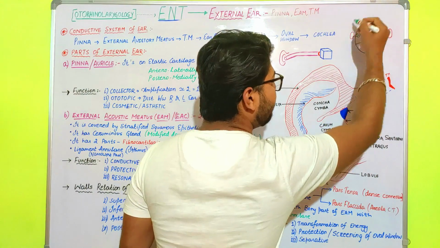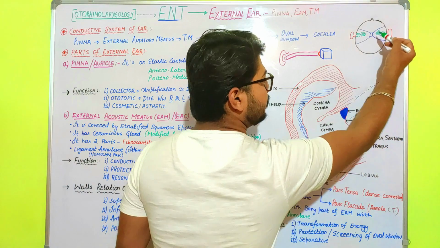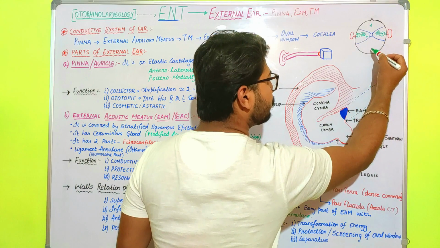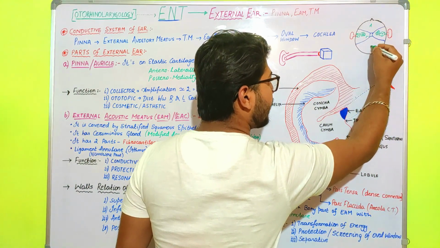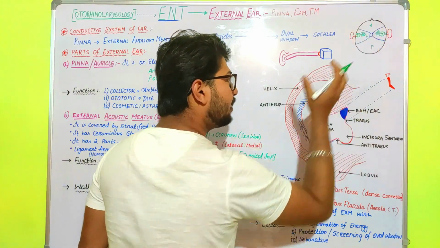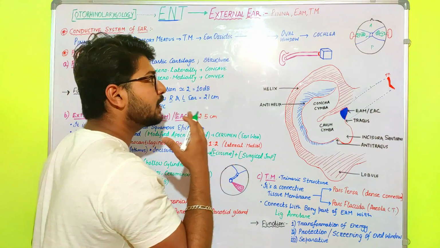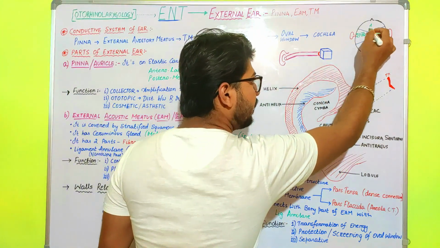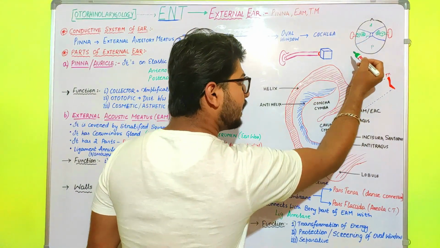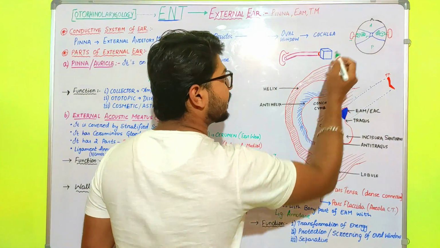Here you can see I have made a skull, and inside the skull we know the fossas are present. This is the anterior cranial fossa. This blue part represents the middle cranial fossa, and to the posterior it has the posterior cranial fossa. In the middle cranial fossa we have our ear organ, and over the middle cranial fossa we have the middle and inner ear, and to the lateral side of the middle cranial fossa we have the external ear.